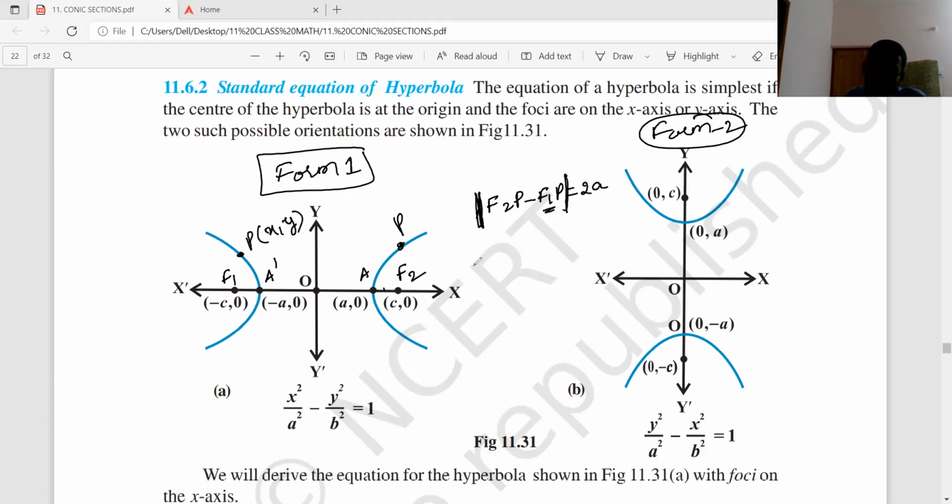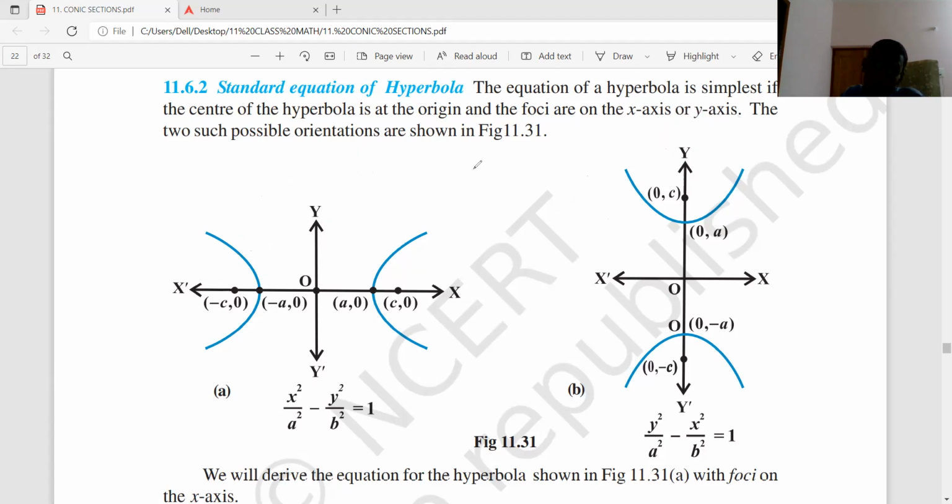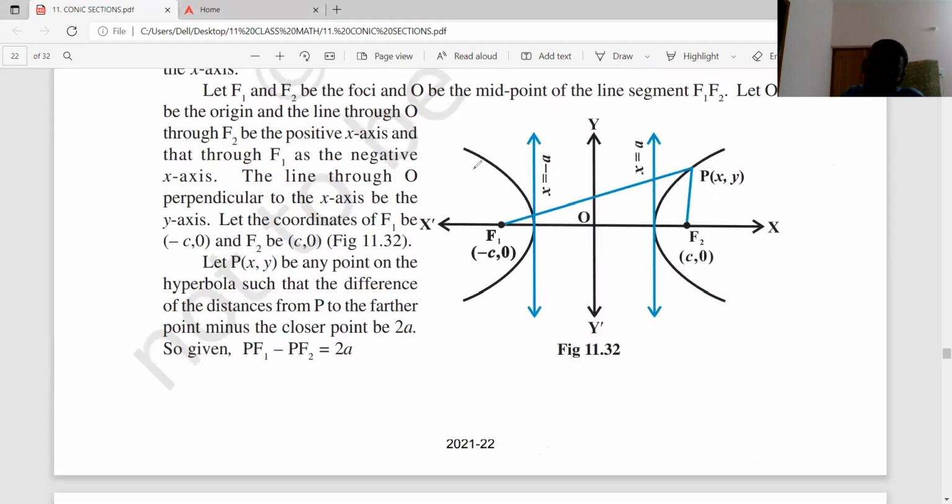Then we take F2P minus F1P equal to plus or minus 2A, because if you remove the modulus, you get plus or minus 2A. Then you take F1P to this side and square on both sides, and proceed the same way as yesterday. We need not prove it again.